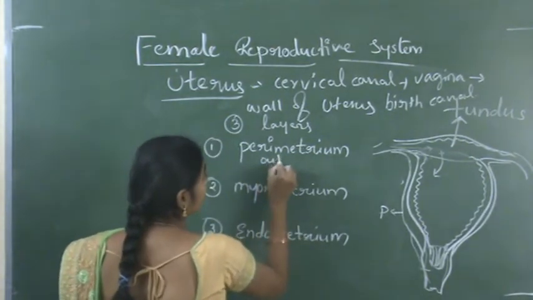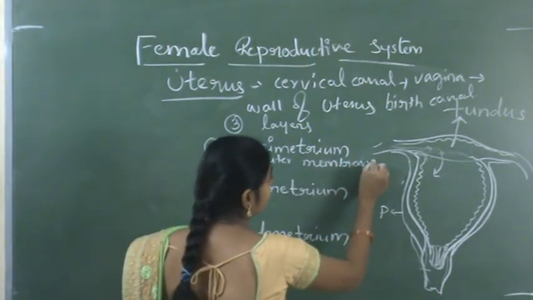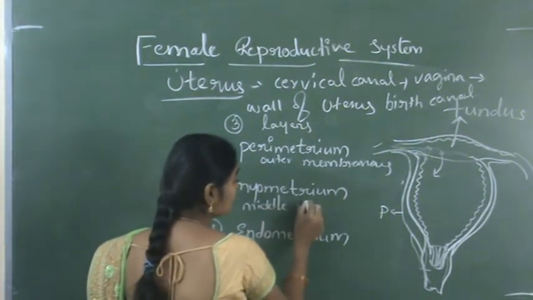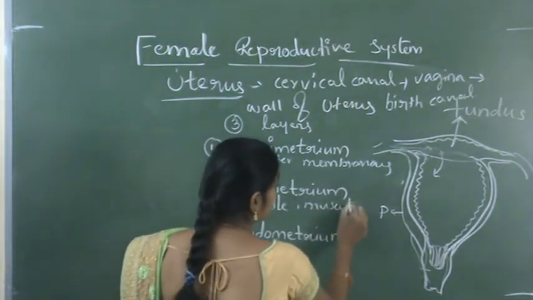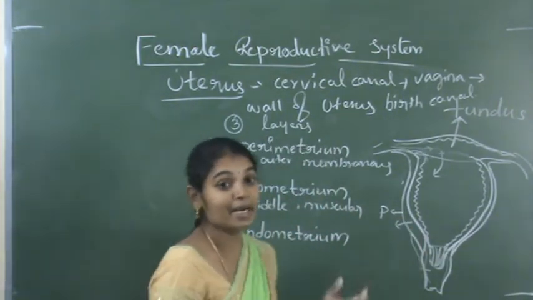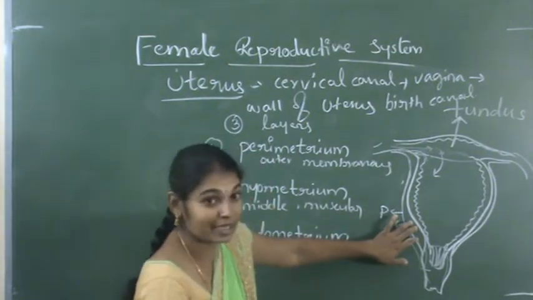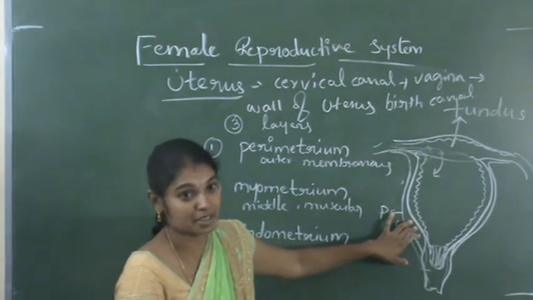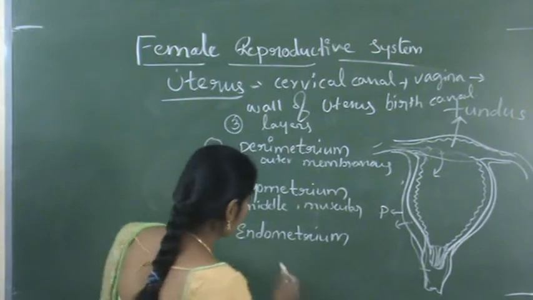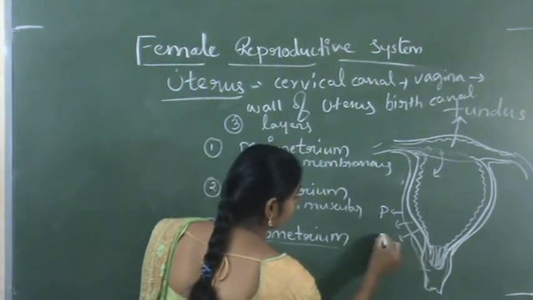It is a thick wall made up of smooth muscles, completely made up of muscles. Smooth muscles are present in this middle layer. And the innermost layer is endometrium.